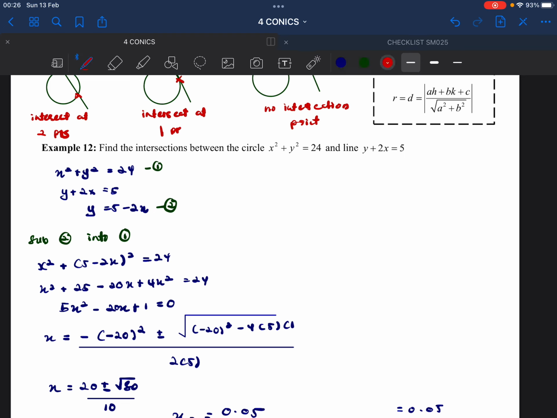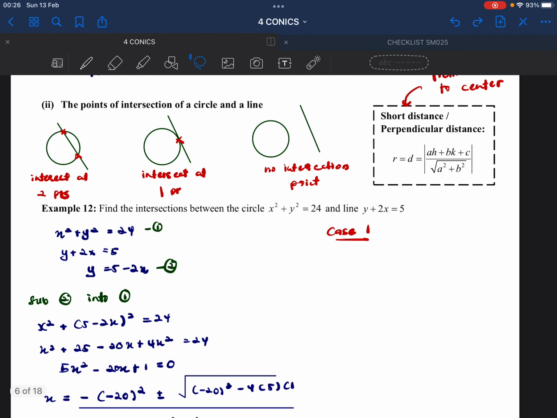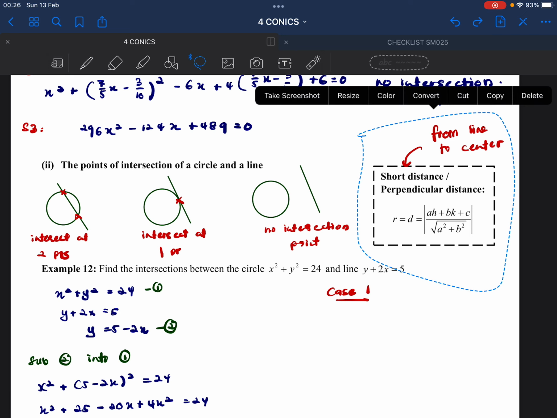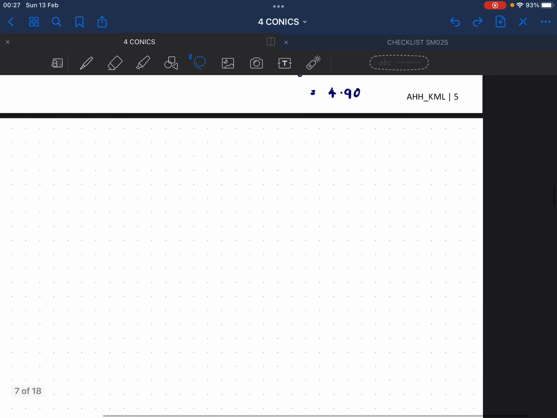So let's write that as case 1. Bear with me for a second.